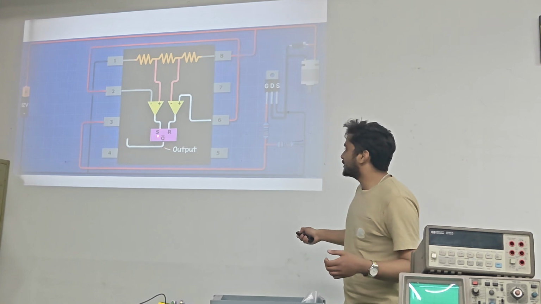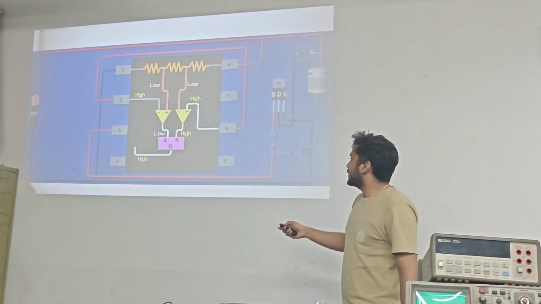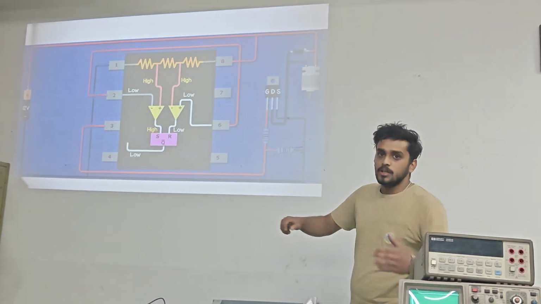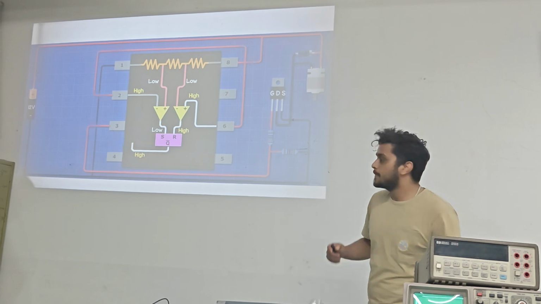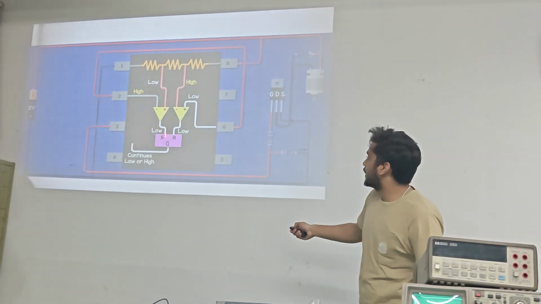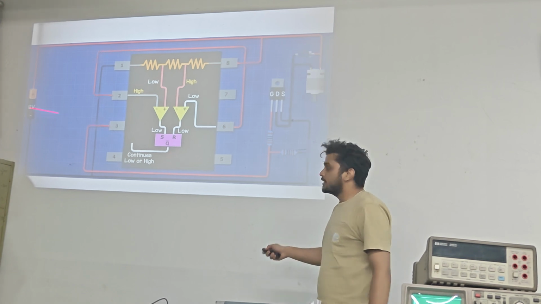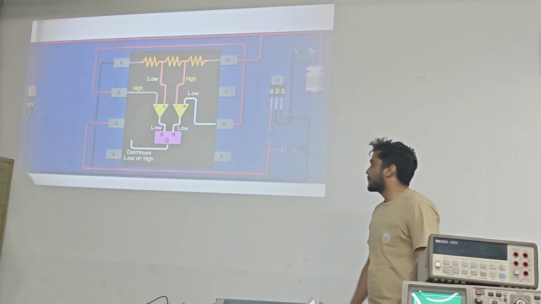But in this case we have Q bar. So when S is high, then Q bar will be low, and similarly when R is high, then Q bar will be high. And if the inputs of both are low, then Q bar will retain its previous state. So it will basically be high or low accordingly.